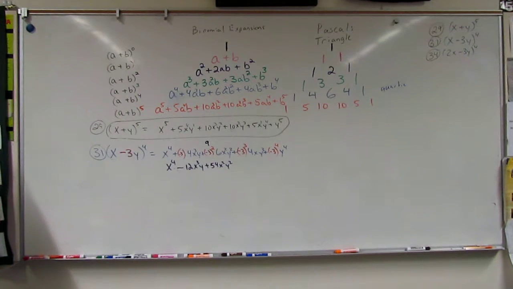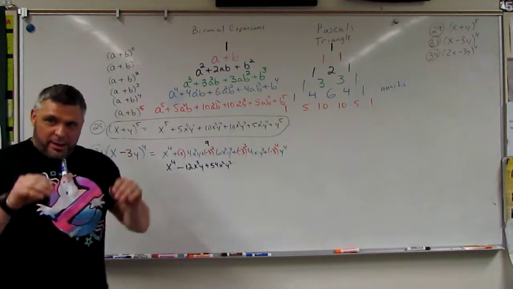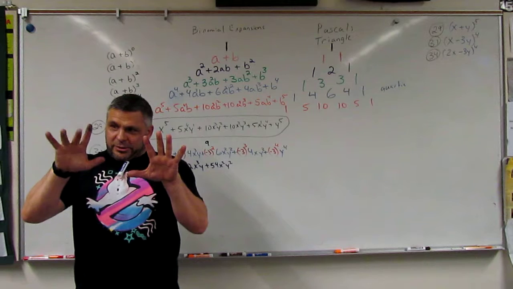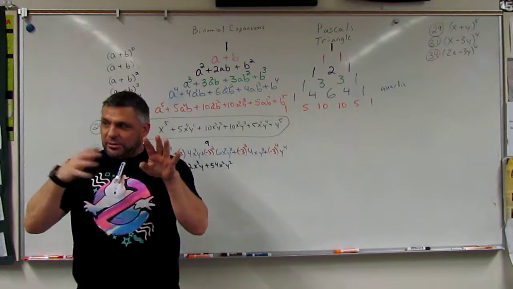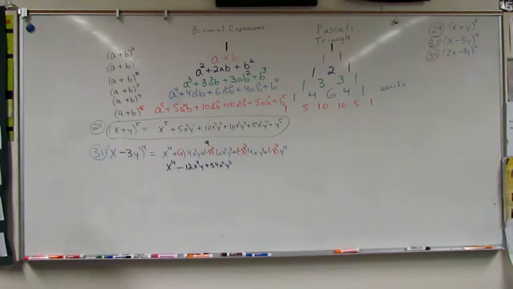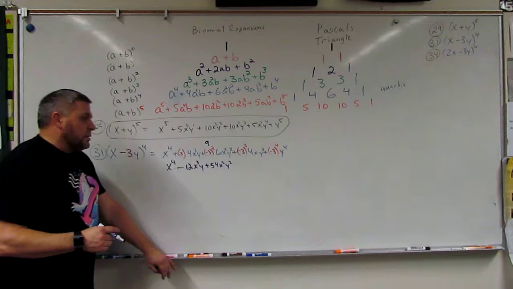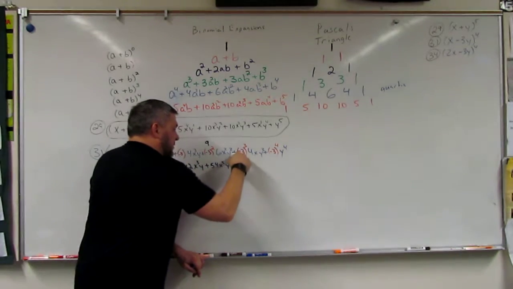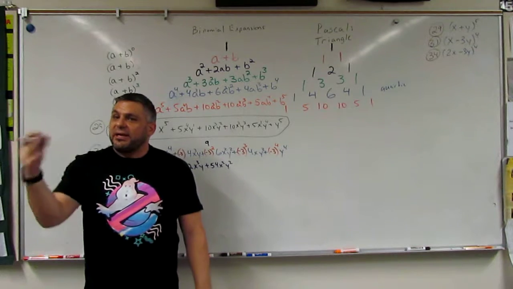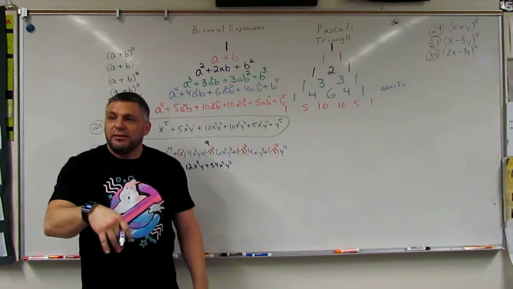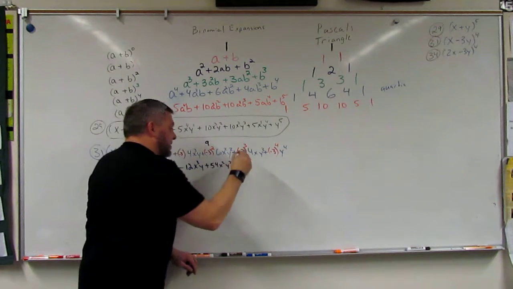Let's check it with Fingerman. You ever see Fingerman? 1, 2, 3, 4, 5, 6. 54. Yeah, right. Alright, 54. And then what's the sign? Three negatives make a negative, so a negative and a positive is a negative.